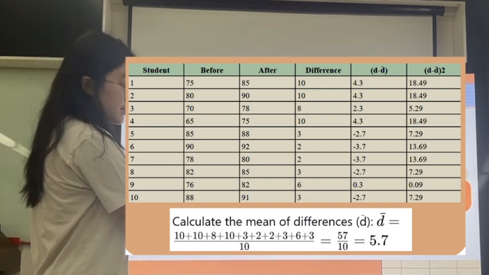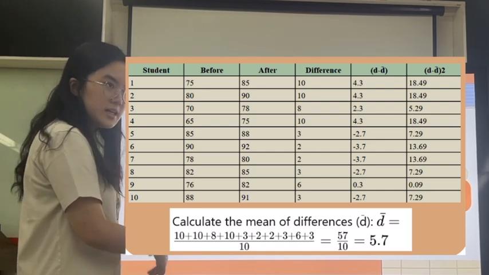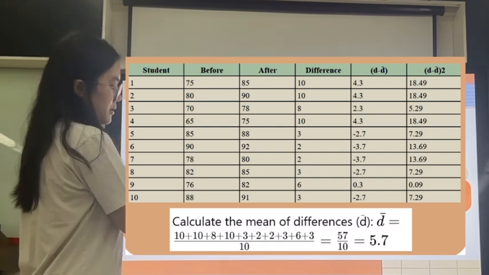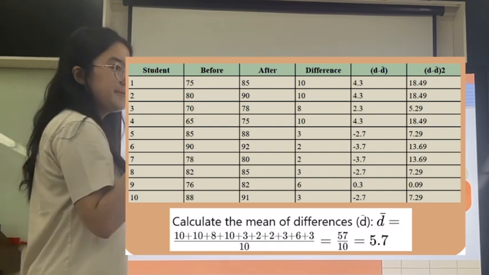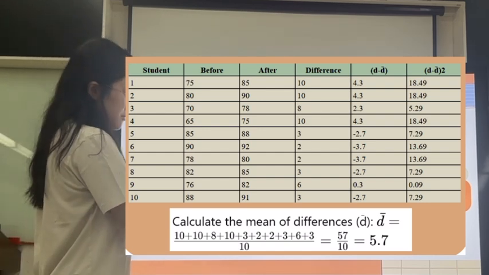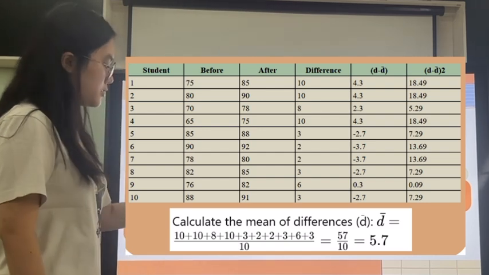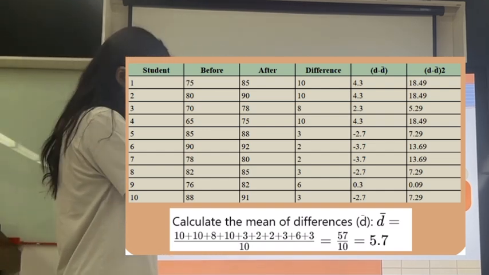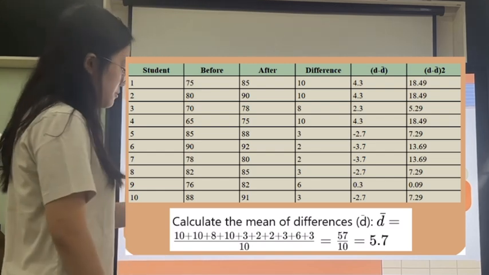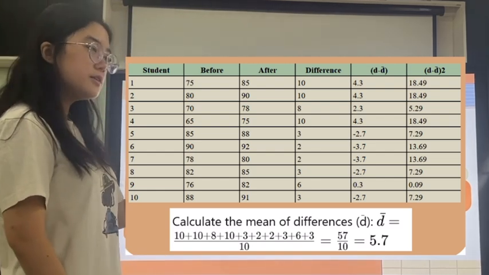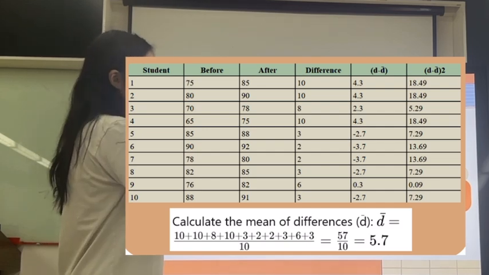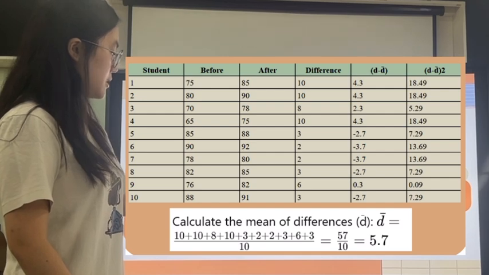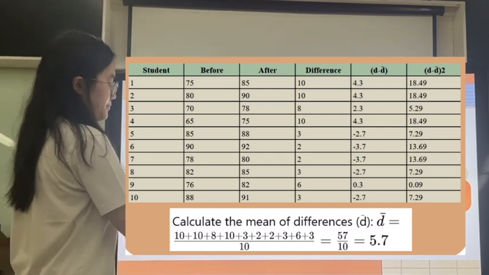So the next step after finding the difference and the mean, we're gonna subtract the mean from the difference of each student. So 10 subtracted by 5.7 is 4.3, and so on. After that, we're gonna square it by itself. So 4.3 squared is 18.49, and so on.